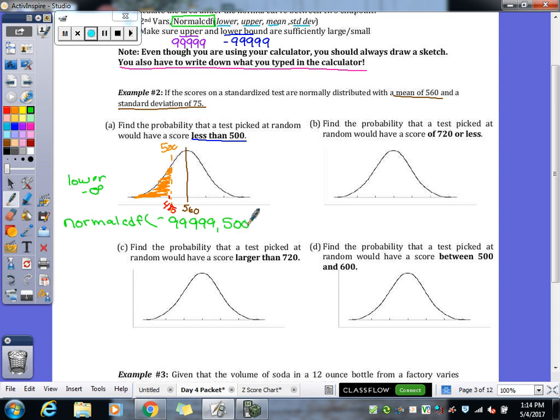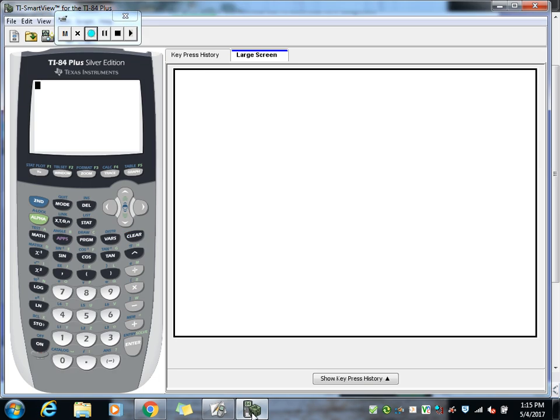That's our upper bound, because we're looking for the scores less than 500, so it would be negative infinity to 500. Then it tells us next is going to come our mean. So it would be 560. And then last would be our standard deviation, which would be 75. So now your calculator is going to look in two possible ways when we do this. So in order to get it, we're going to hit the second button, and then you're going to hit the vars button.